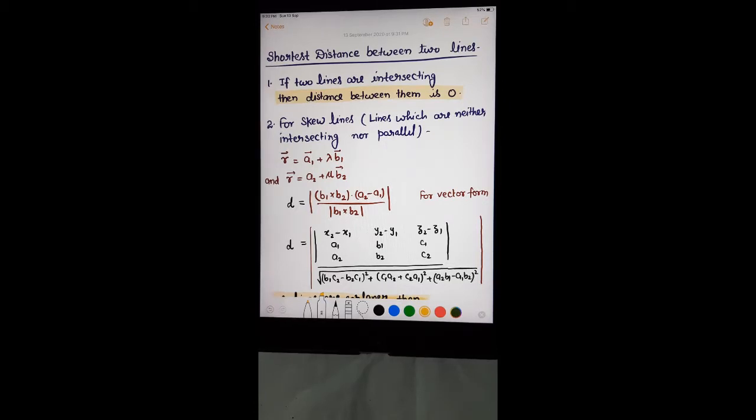So in three-dimensional geometry, this situation is possible. In two-dimensional geometry, we have only two situations: either two lines are intersecting or these two lines are parallel. But here the lines are neither intersecting nor parallel, that is the other situation. These types of lines are called skew lines. So let us see how to find the distance between two skew lines.